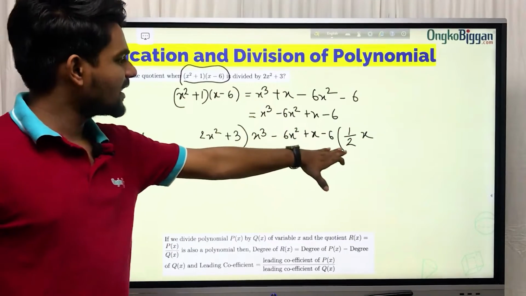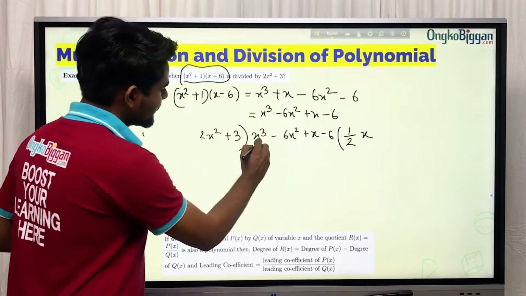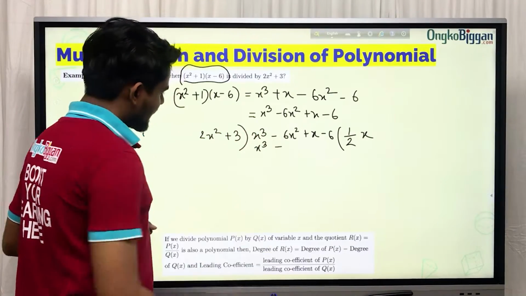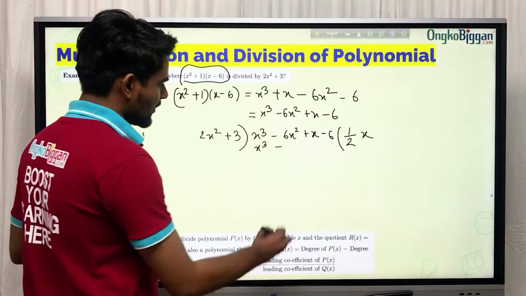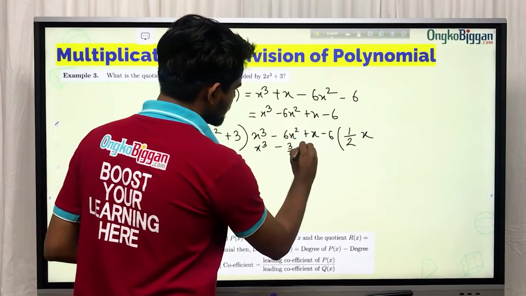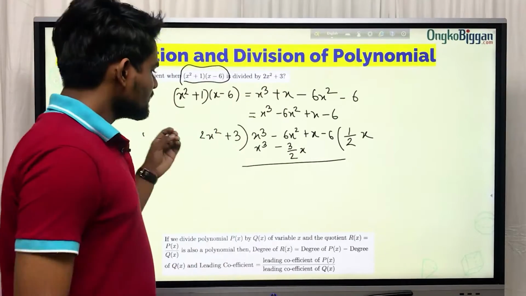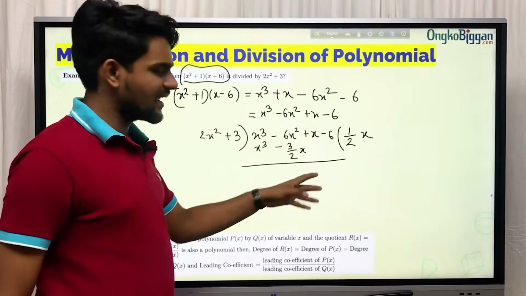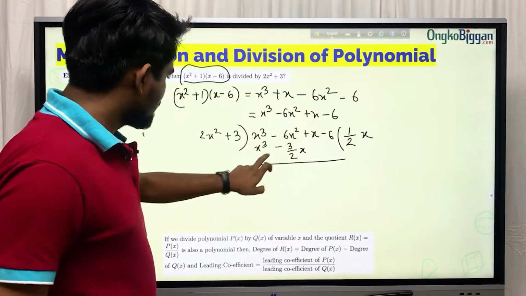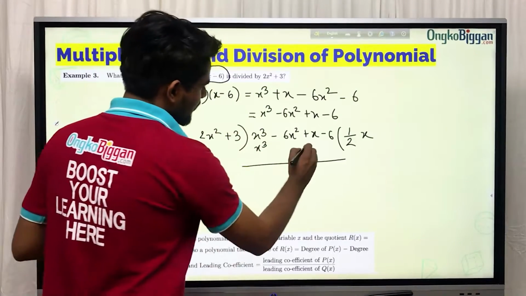If I multiply this with this, we will get a similar value, that is x cube plus half into 3, that is 3 by 2 x, and the x square term. I forgot to write it in the right part.